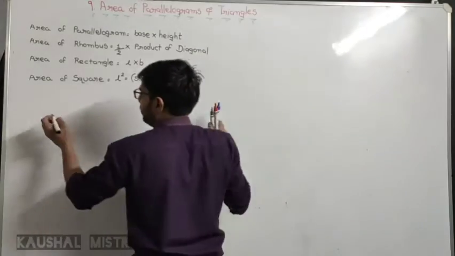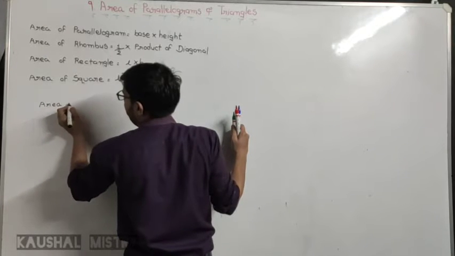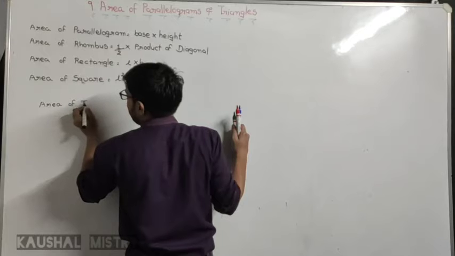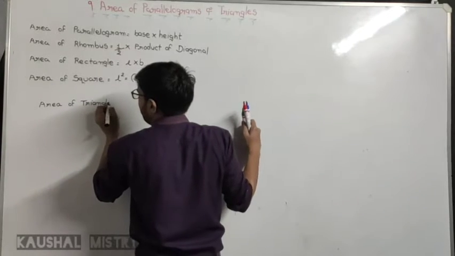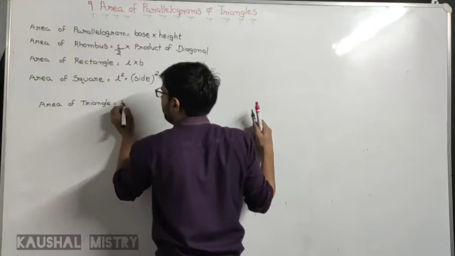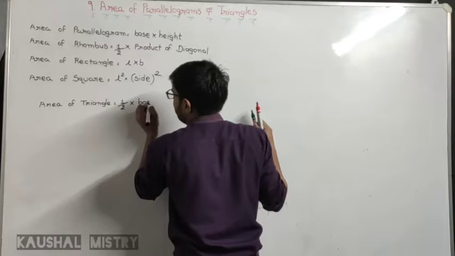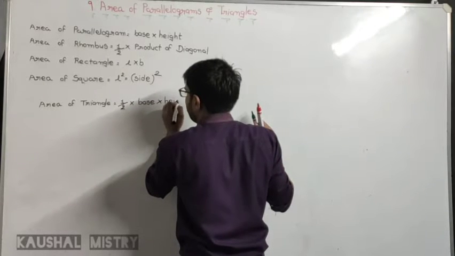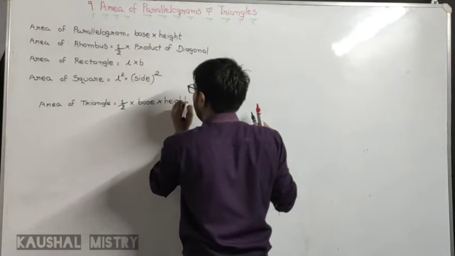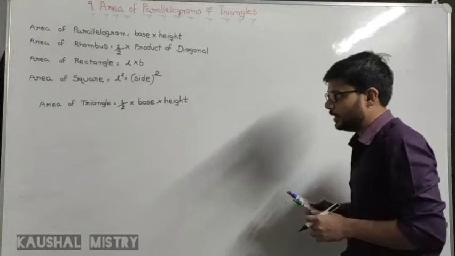So first of all, if it is any triangle, then area of triangle will be, you already know, 1/2 multiplied by base into height. This formula you already know, 1/2 base into height, right?